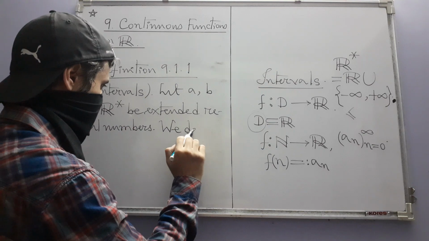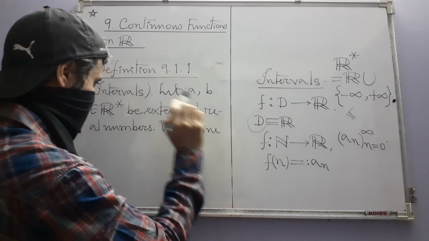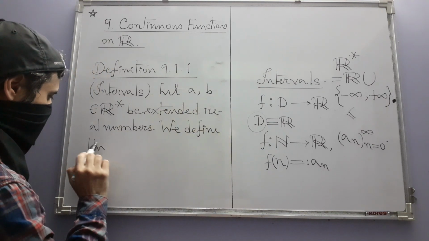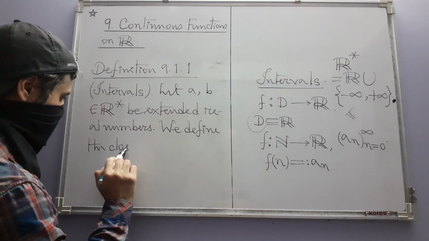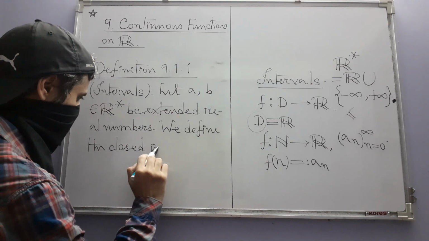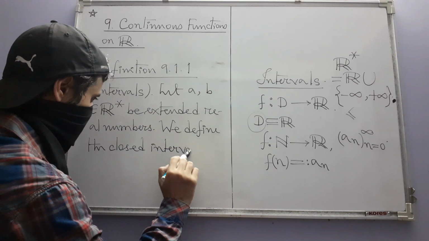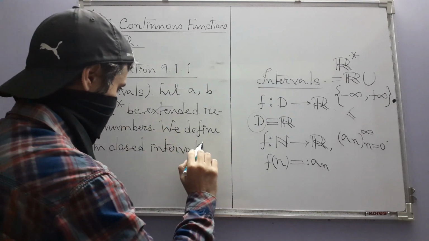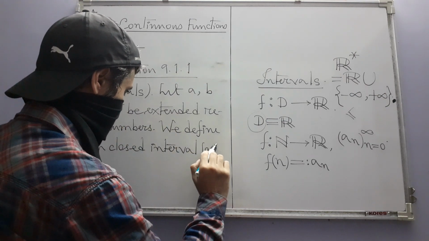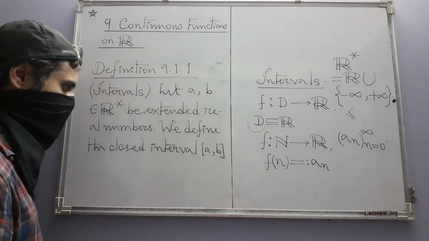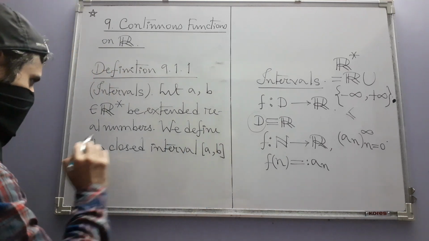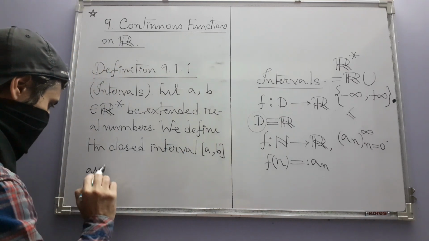We define the closed interval, denoted by this symbol [a, b] within square brackets, as this.